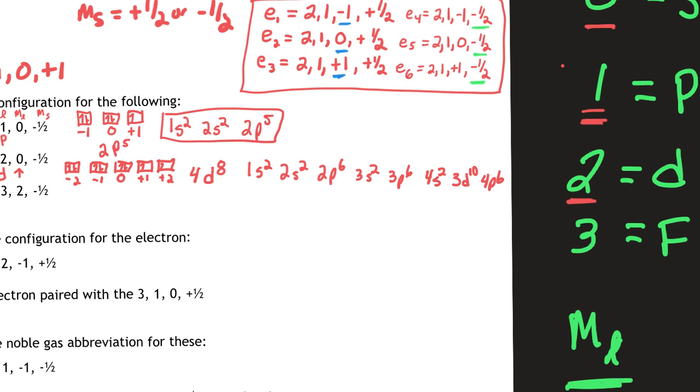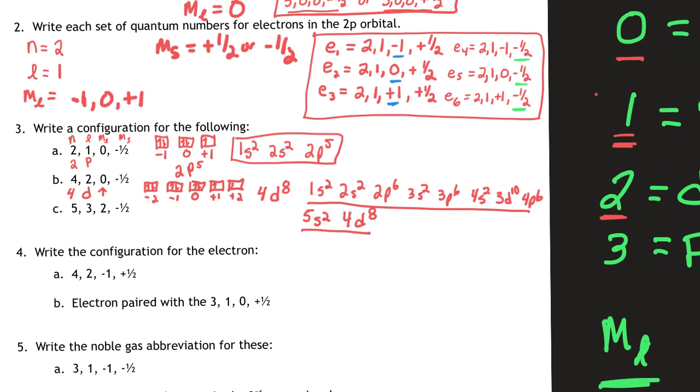Oops, I'm sorry, that should have been 5. That should be 5s2. And then finally my 4d8. So this whole thing would be the electron configuration for that quantum number.